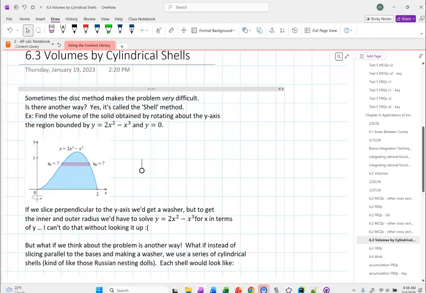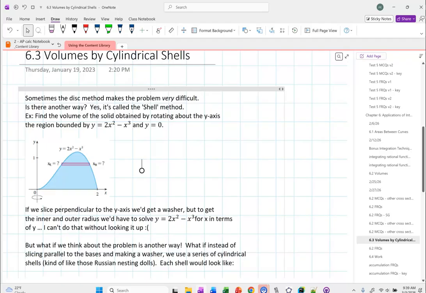And the thickness of that cylinder is just going to be our dx or dy, infinitesimally thin. We're just going to add those all up. So our formula is really going to be circumference of the circle times the height, because that's the lateral surface area for a cylinder.